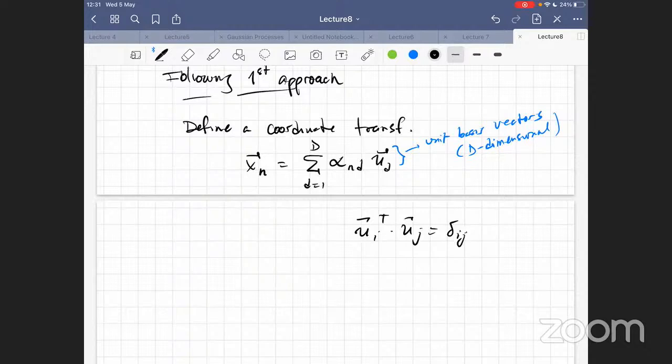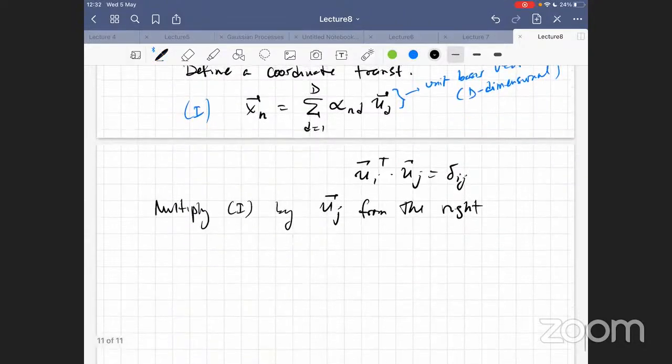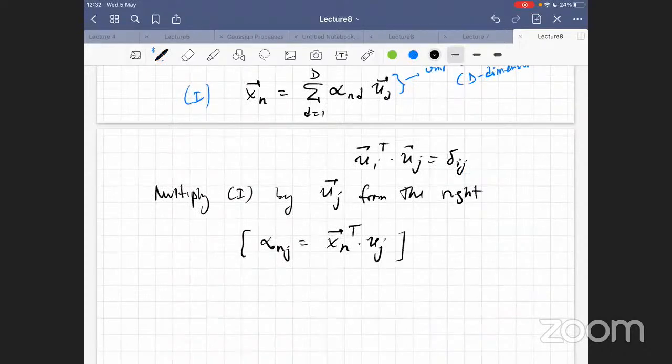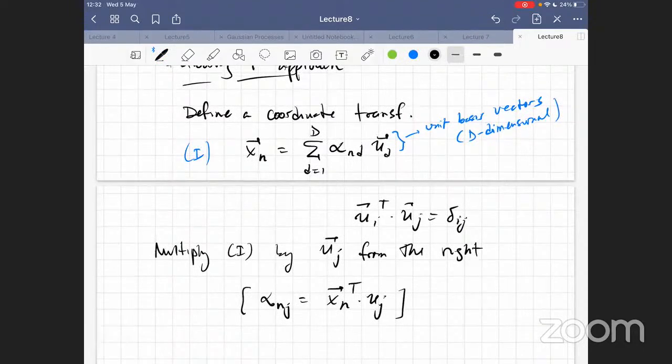Right. So what you can do is the following. Let me take this expression, which may be called 1, and multiply 1 by u_j from the right. If I do this on both sides, I get that alpha_nj is equal to x_n transpose times u_j, because I am using this condition.